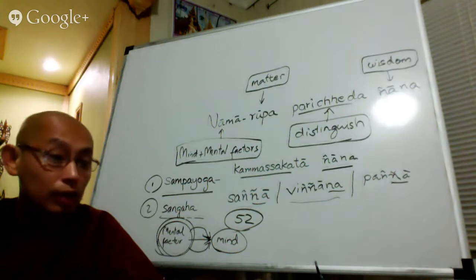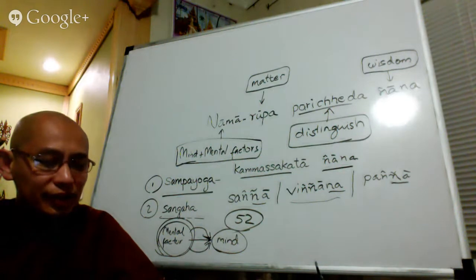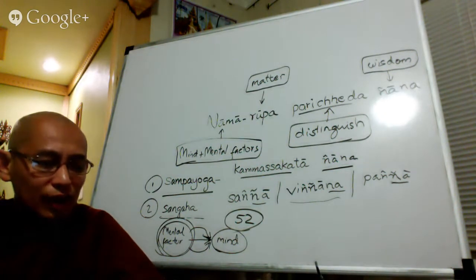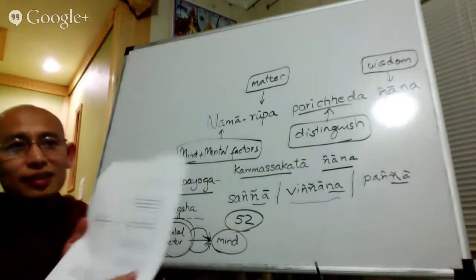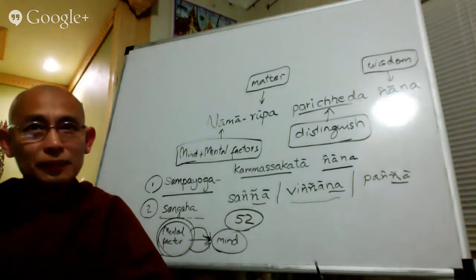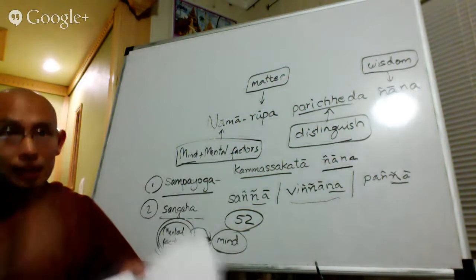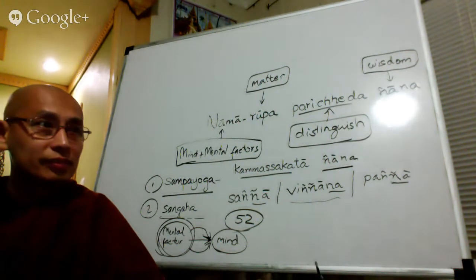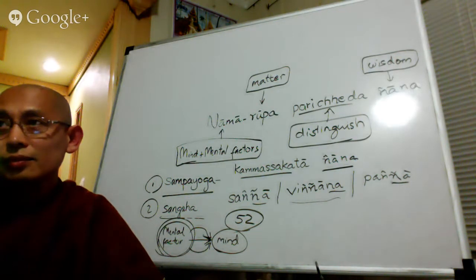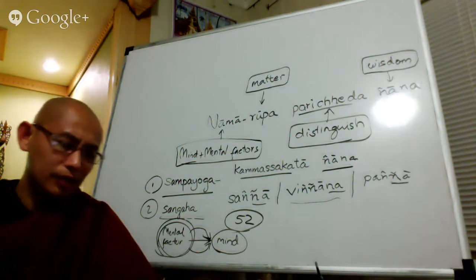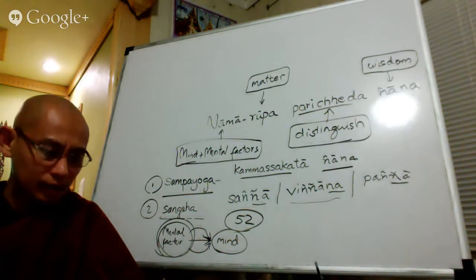So please look at the table of mind. You can see the jhana levels and the different jhana factors. Not this one, the table of mind. Yes, this one. The chart in the notes is not clear, I think.